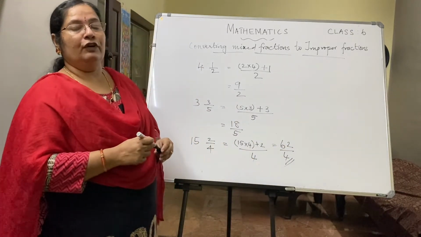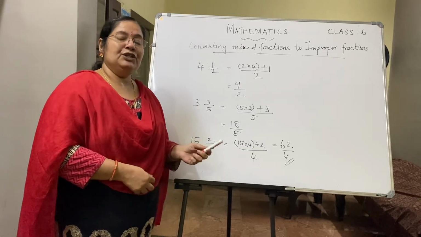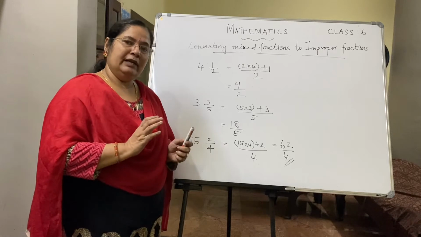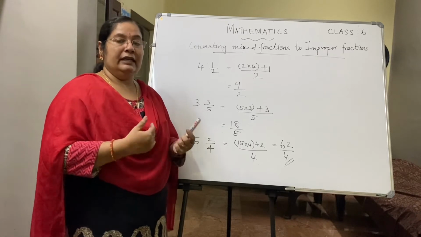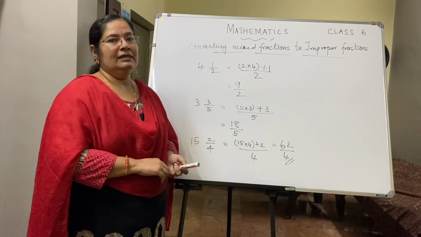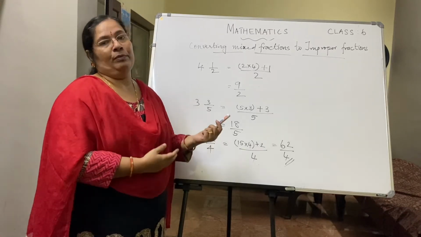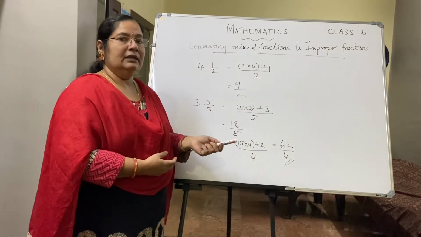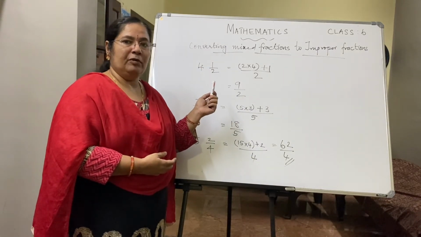So, for converting a mixed fraction into an improper fraction, the denominator will be the denominator of the proper fraction itself, and the numerator will be denominator into whole number part plus the numerator. Hope you have understood how to convert mixed fractions into improper fractions.